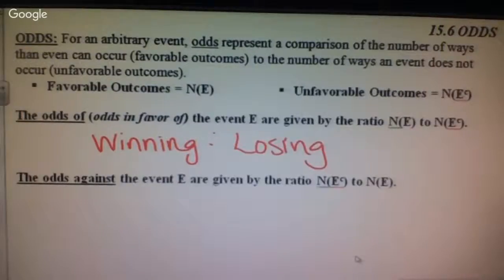If they're talking odds against, that means they're putting your losing number first and your winning number second. Okay. So odds against, we'll switch it. And of course, I always got examples.